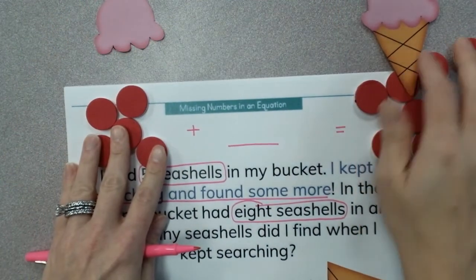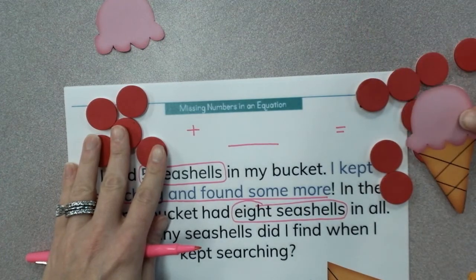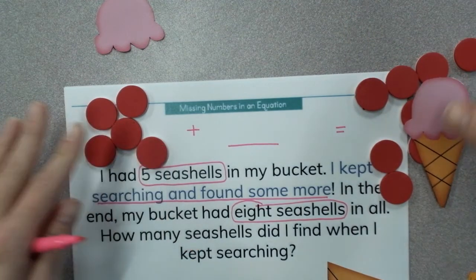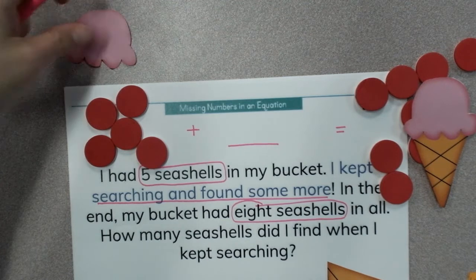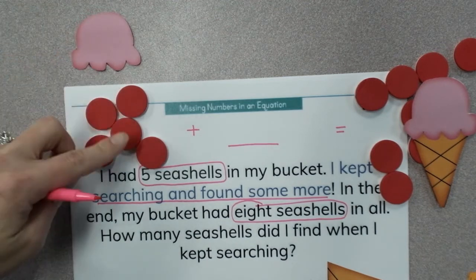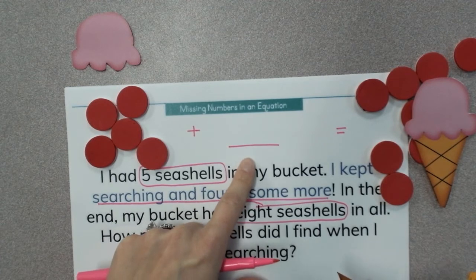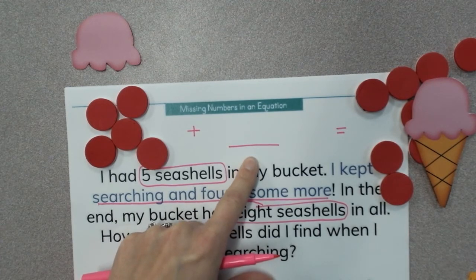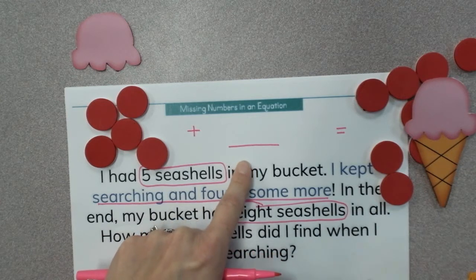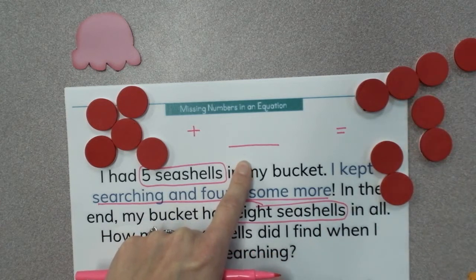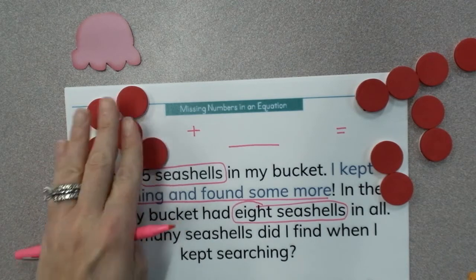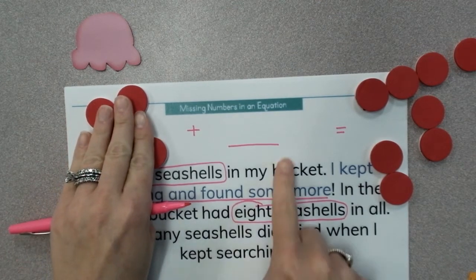Okay, here's my whole. I have my whole ice cream, which is all of the seashells in my bucket. And here are my parts, which is my 5 seashells. What I'm missing is a piece. I'm missing a piece. So what do I do to find that missing piece? Well, I have 5.